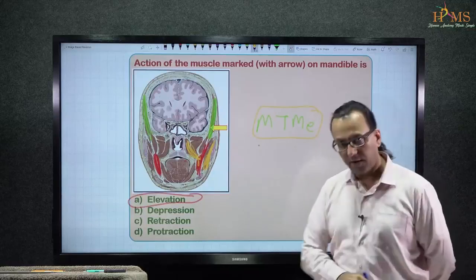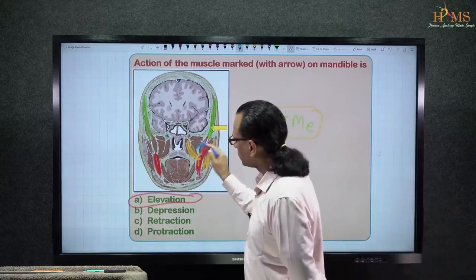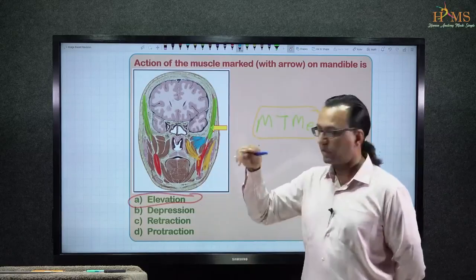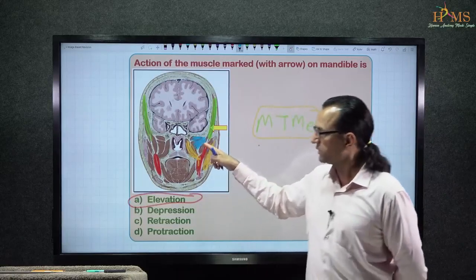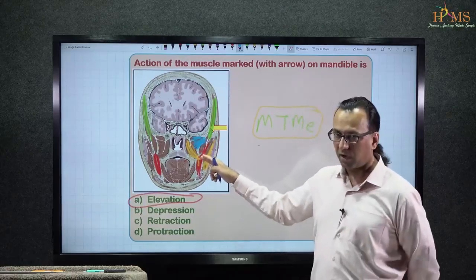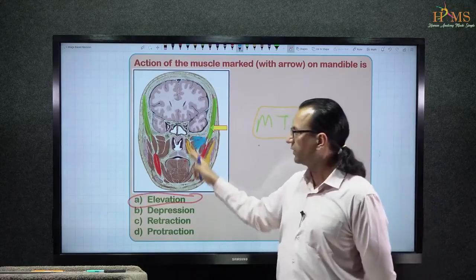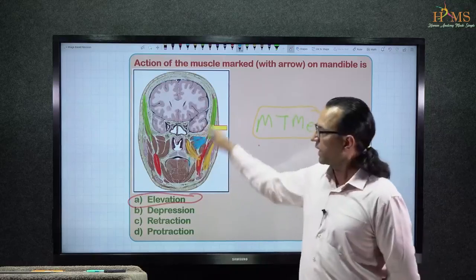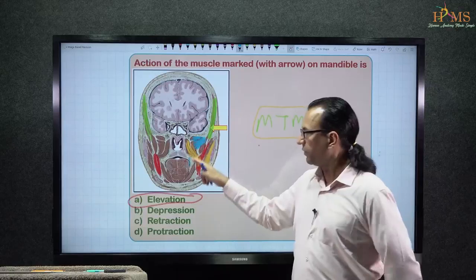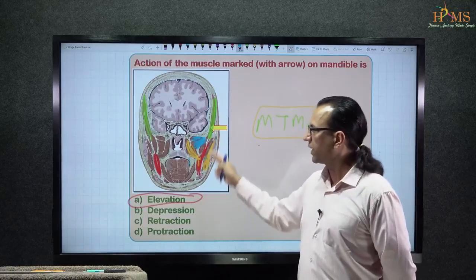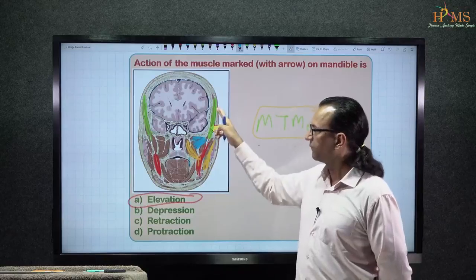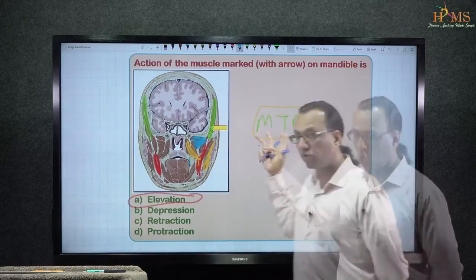Then where is the lateral pterygoid here? The lateral pterygoid muscle is actually attaching to the pterygoid fovea on the mandible. It is slightly higher. So this is the lateral pterygoid muscle, which is slightly higher as compared to the medial pterygoid. Medial pterygoid and lateral pterygoid both come from the pterygoid plate of the sphenoid bone, but one is higher, the lateral pterygoid, which is a depressor of the mandible to open the mouth, whereas the medial pterygoid is medial to the mandible bone, and it is also working with the masseter and the temporalis, the MTM elevators, to close the mouth.